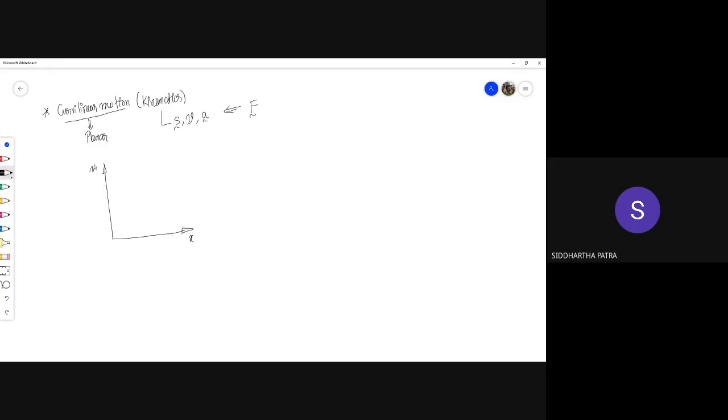Okay, and let's say this is the path of motion of the particle, and somewhere on that path is the particle itself. Okay, and let's say it is at a point P on the path at time t.